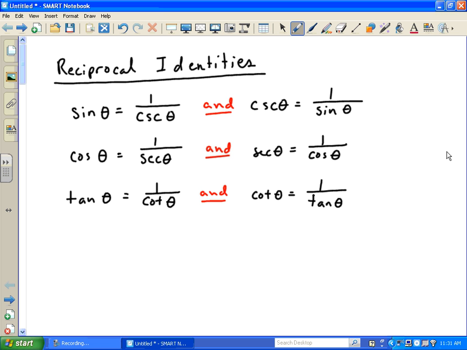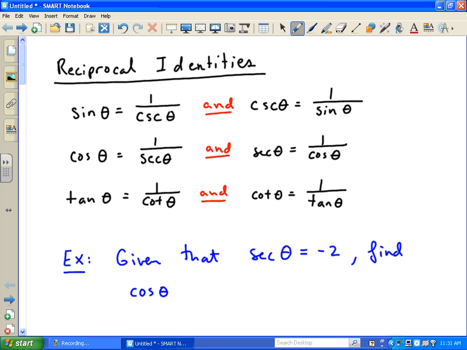Let me do a simple example that they may ask you in your homework. Given that secant of theta equals -2, find the value of cosine of theta. Well, you know that secant and cosine are reciprocals of each other.